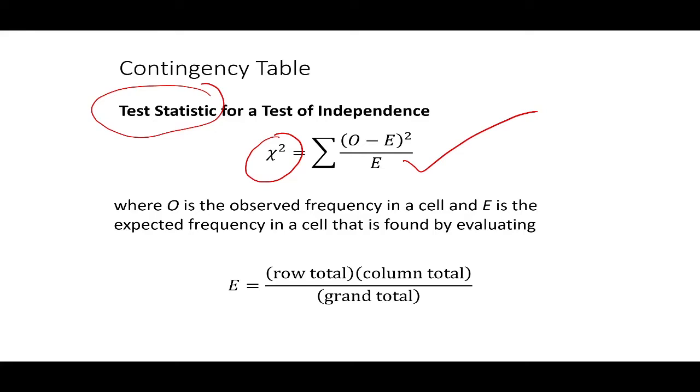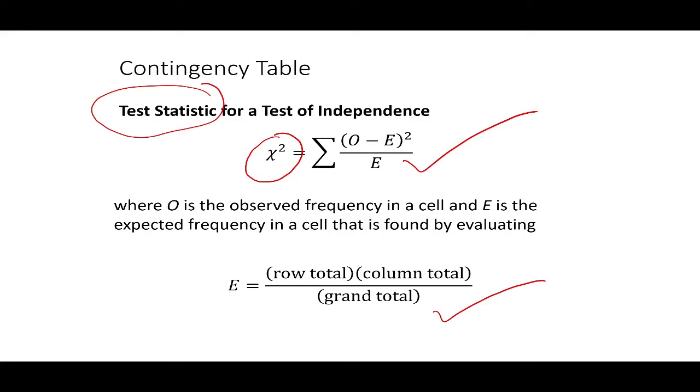But instead of using this formula manually, we use technology, so don't worry about how to calculate this value. Here you can see it's the difference between the observed value minus the expected value, squared, divided by the expected value. Expected value can be calculated for any cell by row total times column total divided by grand total.